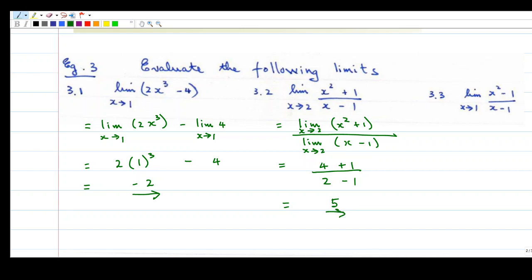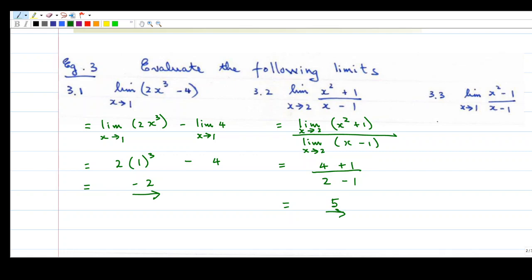3.3. The limit as x approaches 1 of x squared minus 1 all divided by x minus 1. As x approaches 1, you can see that the denominator approaches 0. So here we can't use the fifth property, the limit of a quotient of functions.